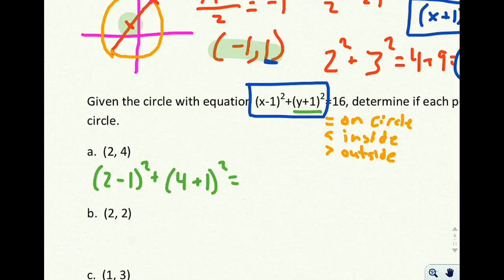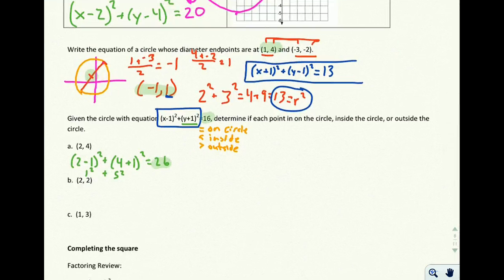And when we see what that equals, 2 minus 1 is 1, so 1 squared, plus 4 plus 1 is 5, so 5 squared. So 1 plus 25 is going to equal 26. And we're going to compare 26 to our original value of 16. 26 is going to be bigger. That means that the point 2, 4 falls on a larger circle, which means that it falls outside of the original circle. So outside the circle would be our answer for the first one.